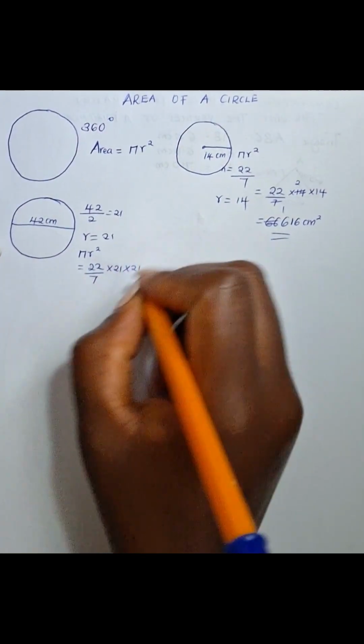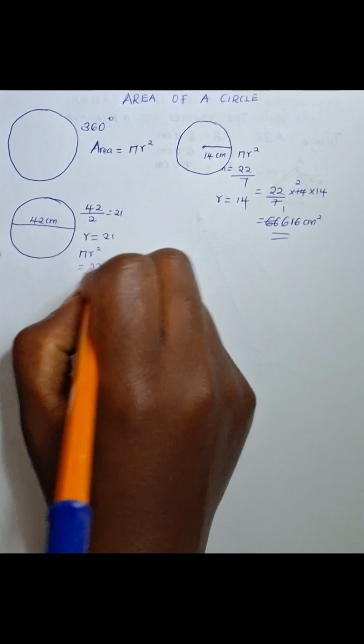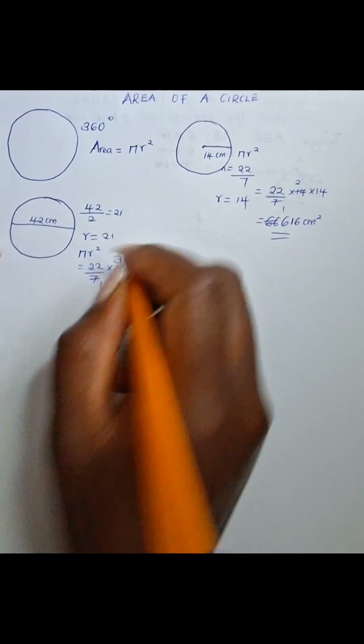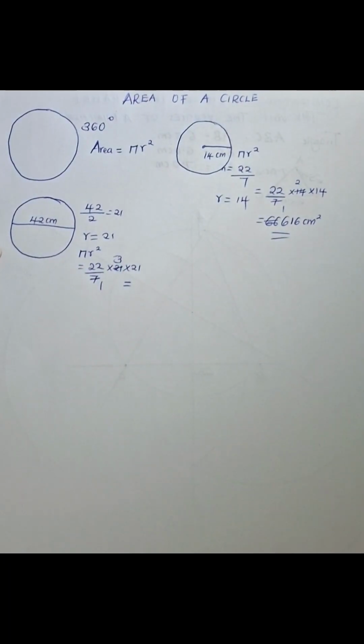In your calculator, input it. Sometimes you believe in your head and your mind might be tired, so just input this in your calculator, times 21 times 21. What do you get? 7 into 7, 1, 7 into 21, 3. So 22 times 3, that's 66.